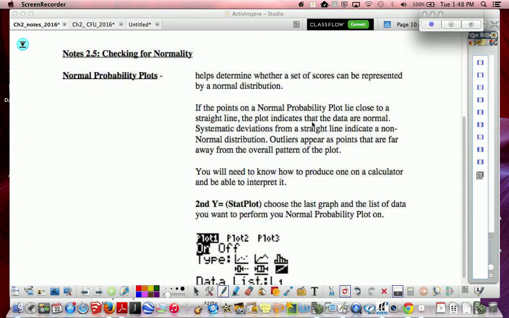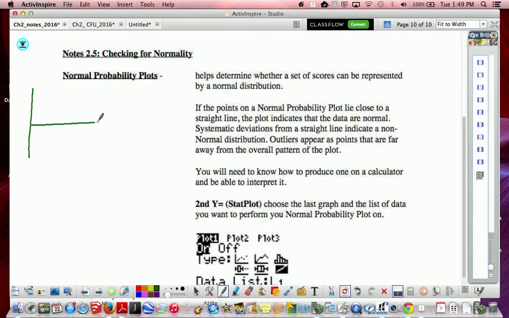Now, knowing how to calculate out all the individual data points is not important, but understanding how the graph looks and interpreting its appearance is. So how a normal probability plot works is this. What it does is it graphs your scores.